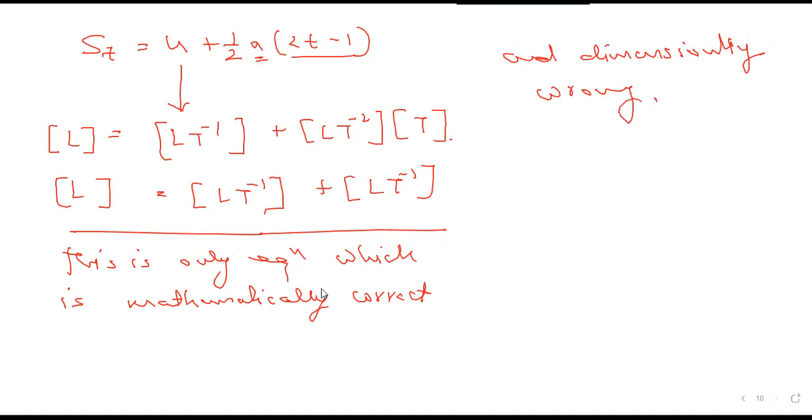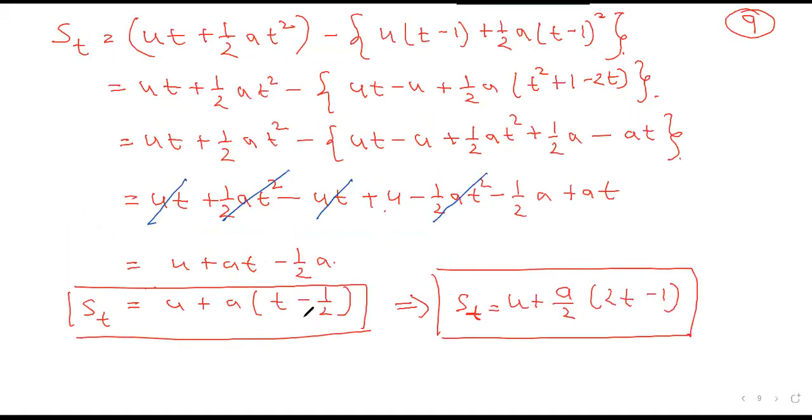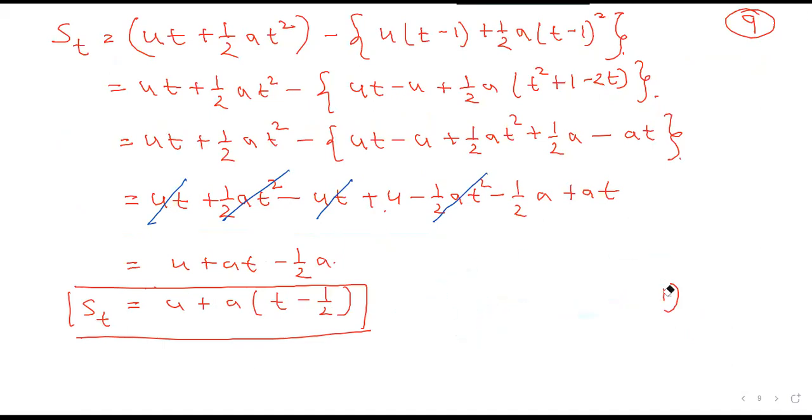मैंने बहुत जल्दी से... Sir, excuse me, sir. Sir, how can we write half a bracket 2t minus 1? Okay. Come here. In this do one thing.